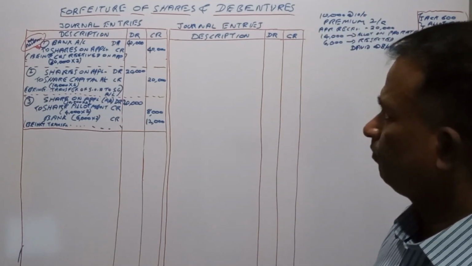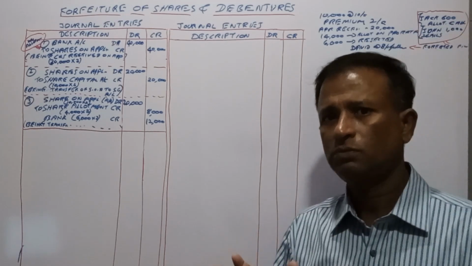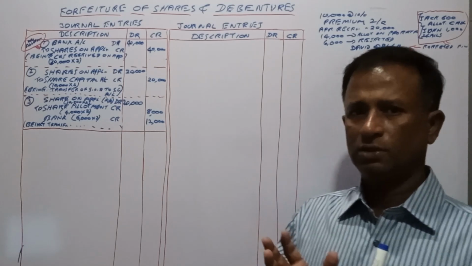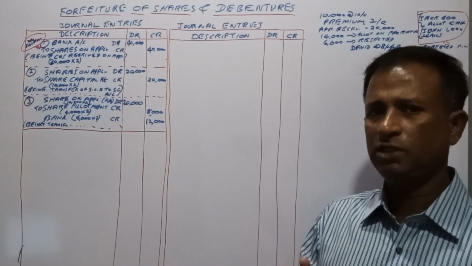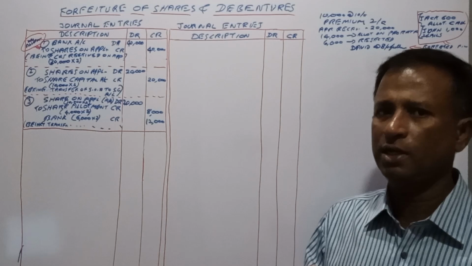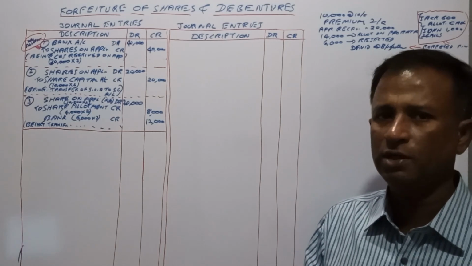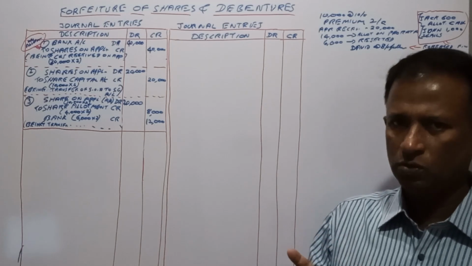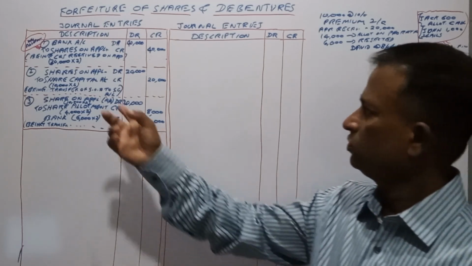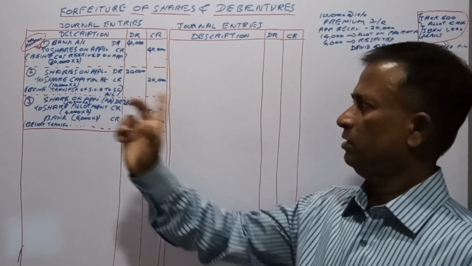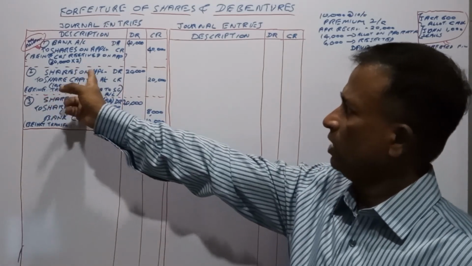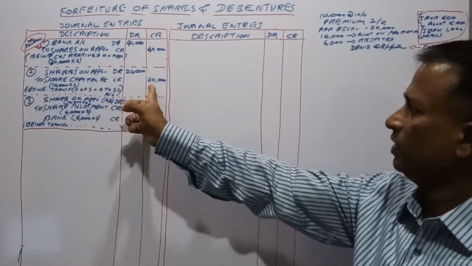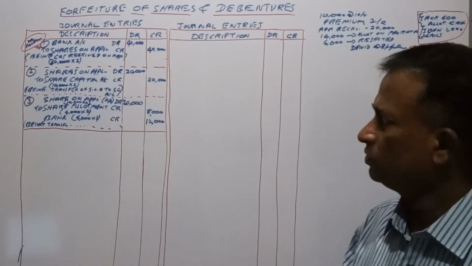Then thereafter we have to transfer the portion which is relevant to the share capital account. How much do we have to transfer? We are offering 10,000 shares at the rate of 2, so 20,000 has to be transferred to share capital. So share application account debit 20,000, and share capital account credit 20,000.